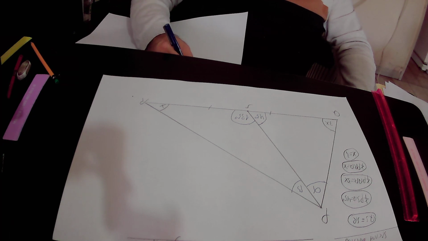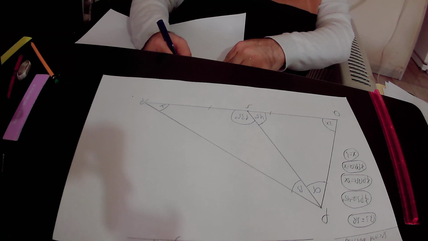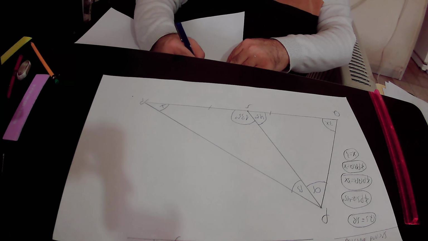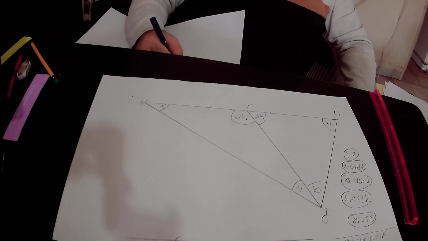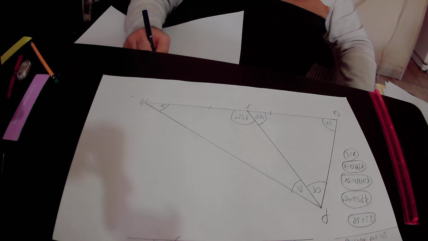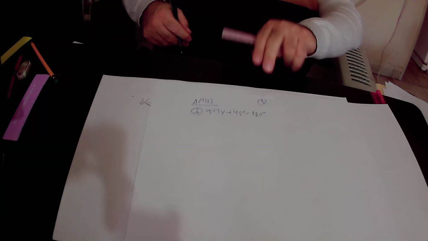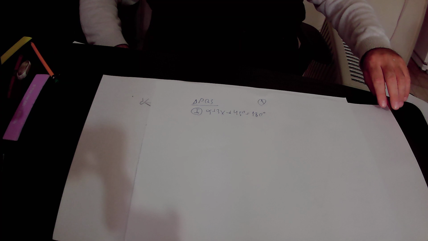In triangle PQS, the sum of the angles is 180 degrees. That is to say, alpha plus 3x plus 45 degrees equals 180 degrees. I'll repeat again: in triangle PQS, alpha plus 3x plus 45 degrees equals 180 degrees.